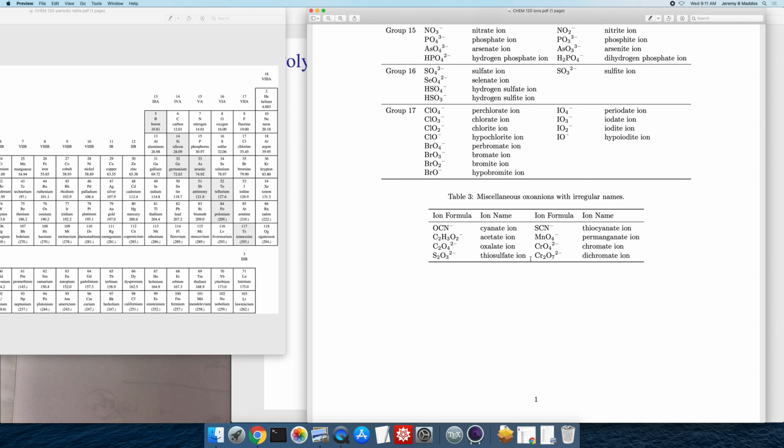One tip to help you remember the thiosulfate and the thiocyanate: if you have sulfate memorized, keep in mind that the prefix thio means to replace an oxygen atom with sulfur. So if you started with the sulfate ion, to turn it into the thiosulfate ion, you take one of the oxygen atoms and turn it into a sulfur.